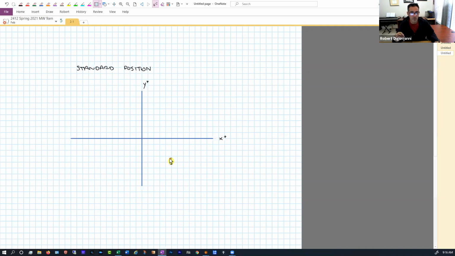It's an angle where the initial side is a ray that starts at the origin. Okay, so I'll write this down in words in a second, but it's a ray that starts at the origin and goes out parallel to the x-axis. So it goes along the x-axis. So that's your initial side.